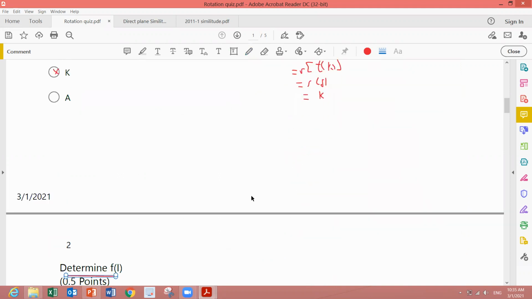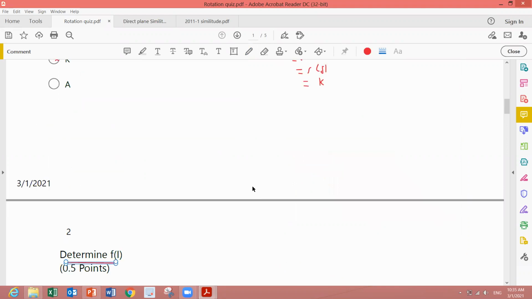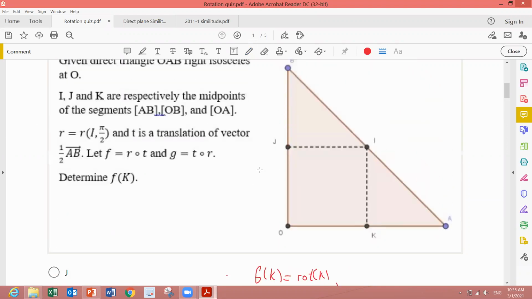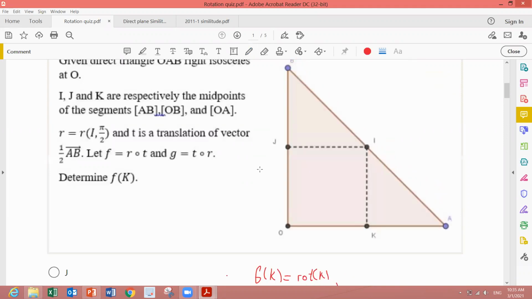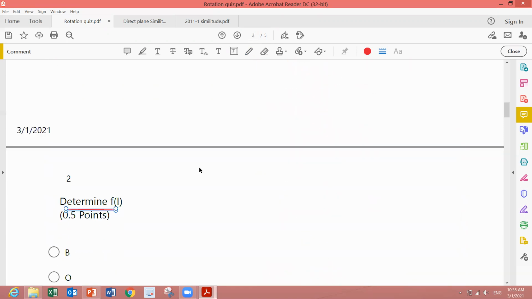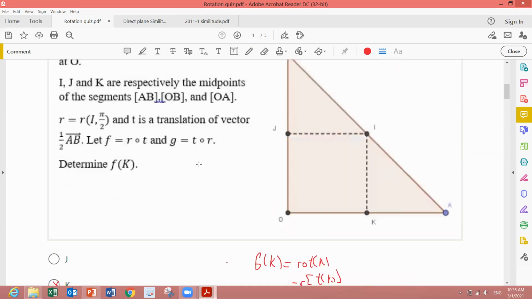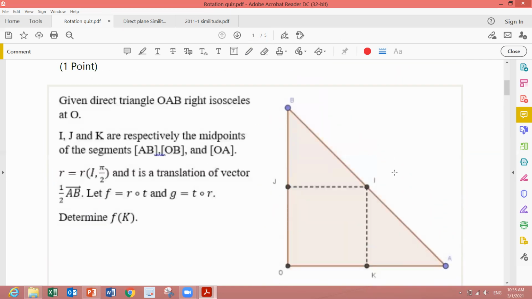F of I يعطينا 3 choices, B, O, or A. Rotation round translation of I. أول شيء بنعمل احنا بنلاقي F ولا G؟ F of I, yes. أول شيء بنعمل translation. Yes, translation of I with half AB is B. Okay. Rotation of B.